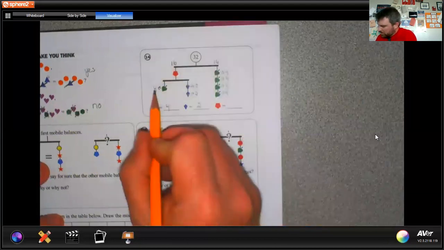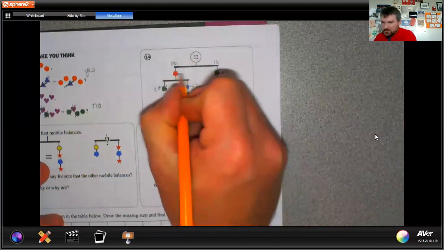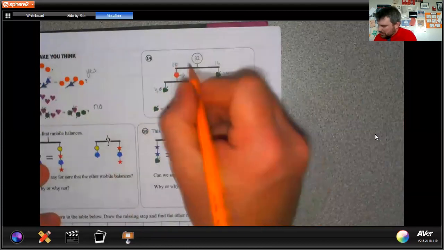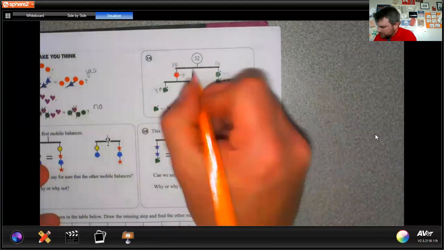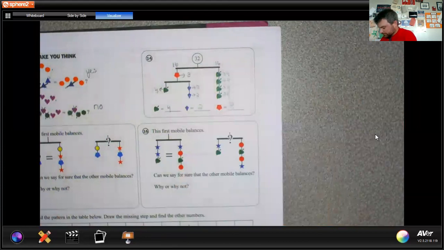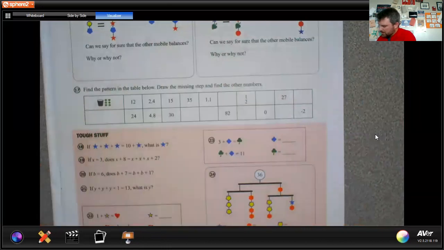You got 4, 5, 6, 7, 8. So that means this has to represent the remaining numbers needed. So I had 8, I got to get to 16. 8 plus what number will get you to 16? That's right, that's 8. All right, I'll let you work through a couple of those, see if you got some questions.